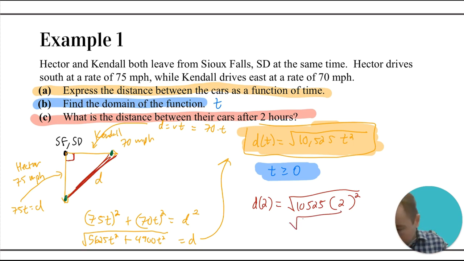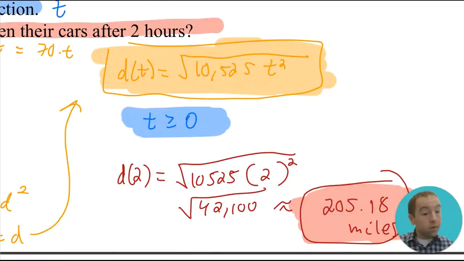So you'd be square rooting this number right here, 42,100. And then when you put that in a calculator, it comes out to be, if you approximate, about 205.18. And this is going to be in miles for distance. So that would be it for the distance between those two cars after 2 hours.